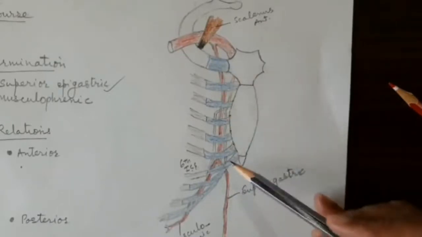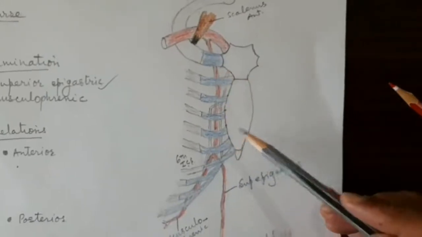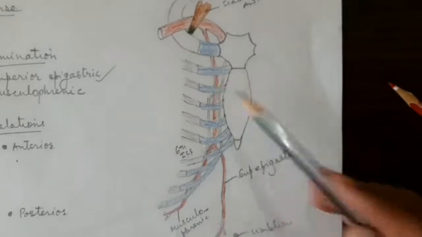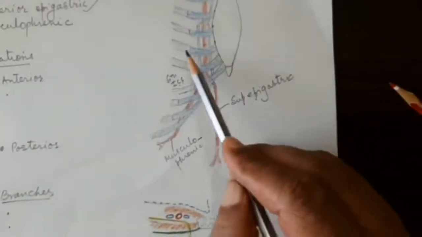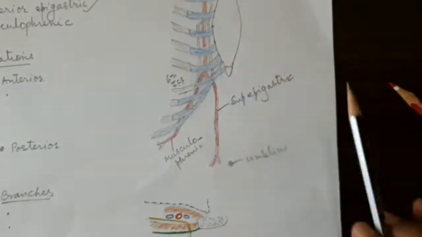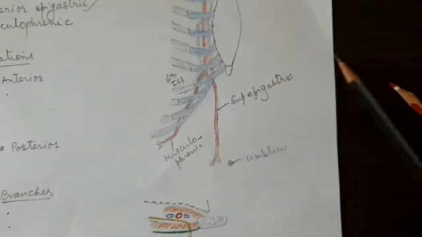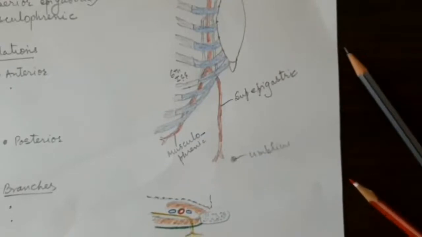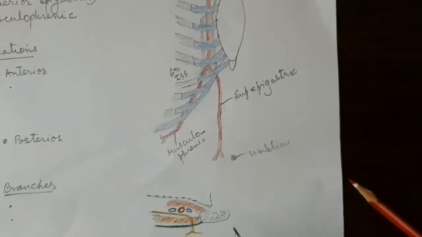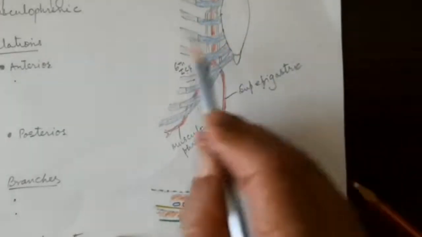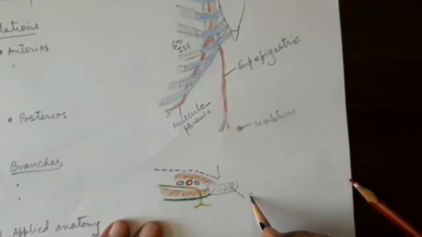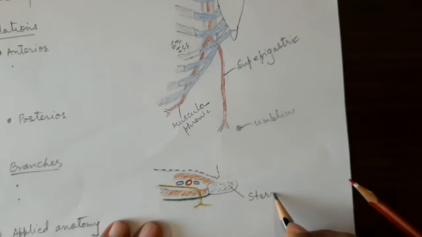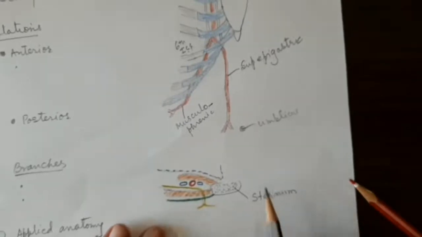We have seen that the six costal cartilages will lie anterior, and in the space, suppose it is a section passing through the fourth or the fifth intercostal space, then it will look like this. This is the cross section of the sternum.